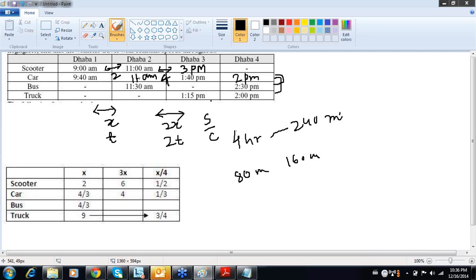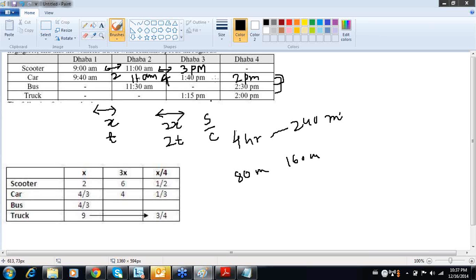So obviously, if this is 3 p.m., dhaba 4 will be greater than 3 p.m. Similarly, this is 2:30 p.m. and this is 2 p.m. So 2 p.m. is earlier than 2:30 p.m. So the car has to reach earlier than 2:30 p.m. only, and it has to be equal to one of the others. So it has to be 2 p.m. only.